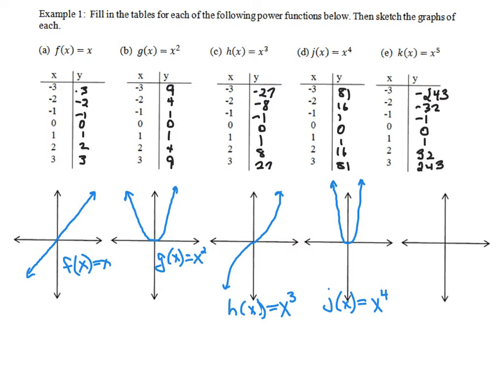When I go ahead and graph these, this graph, k of x equals x to the fifth, I notice that this graph also has a shape that we are familiar with, that we've kind of seen before. Again, noticing though that my values get very big very quickly on the right end and very small very quickly on the left end. So this is the graph of k of x is equal to x to the fifth power.